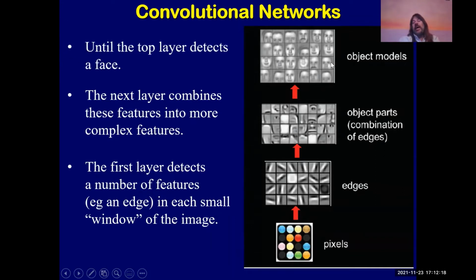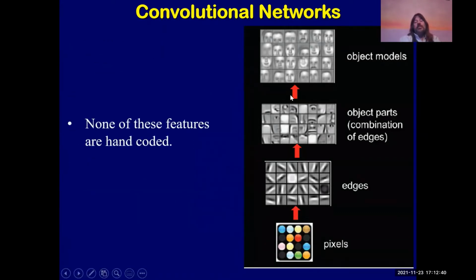And then the next layer might be combining those right here. That there might be down here a nose detector and an eye detector. And then up at this level, it combines a face detector based on whether it has a nose and does it have an eye, right? So that's kind of how it works.